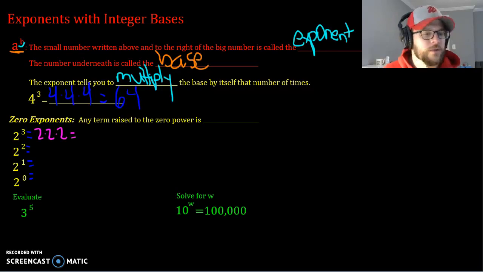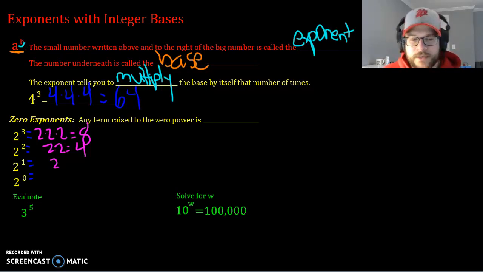We know that 2 times 2 is 4, and if you multiply 4 times 2, you get 8. 2 squared, or 2 raised to the second power, you multiply it times itself twice. 2 times 2 is 4. And then 2 to the 1 power just means that it's written once, which technically is not a multiplication problem. It just tells you that your base is only written once, and that is still 2.